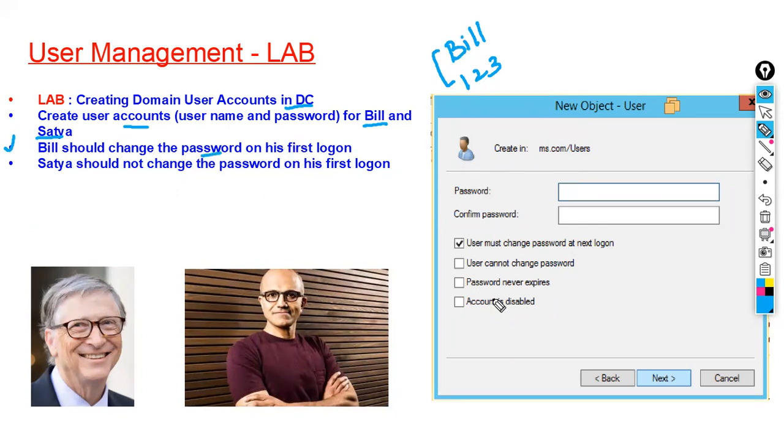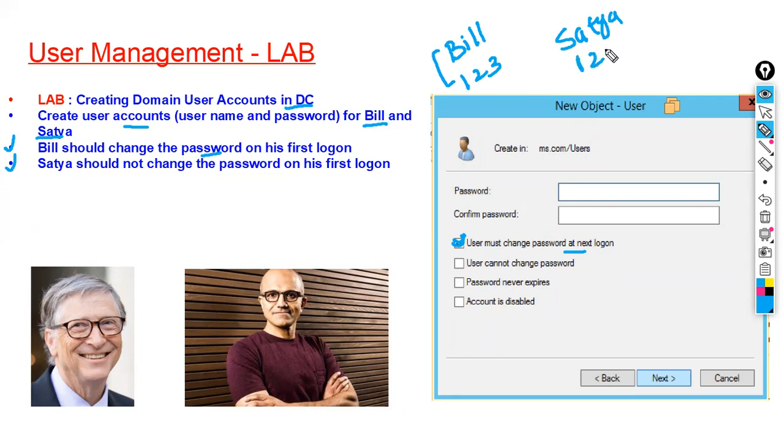So which option you will select? You will select this option: user must change the password at next logon. If you select this option, Bill will get one window. On that window he will change the password, and Satya should not change the password. So we'll create one username for Satya, and we'll type the password.